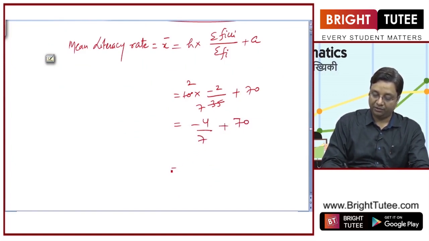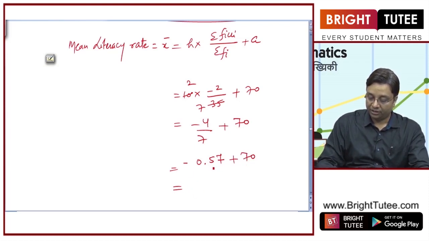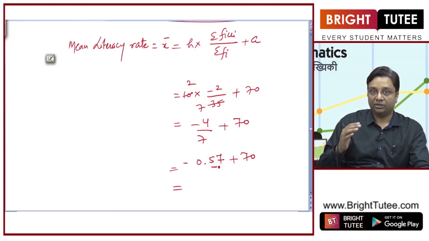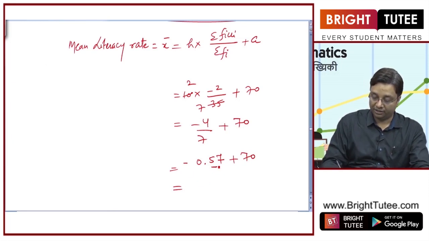Now you can further simplify it like this: 0.57 with a negative sign plus 70, right? This is the approximate calculation. So this is 0.5 only, right? So 69 point something will be your answer.